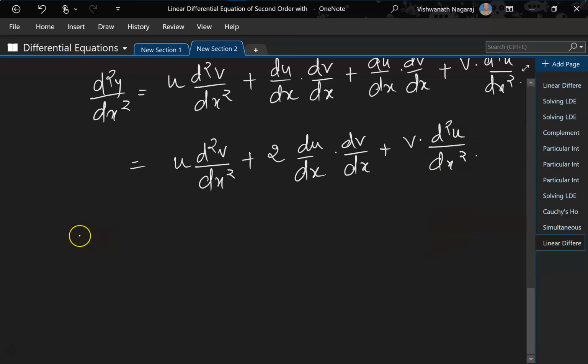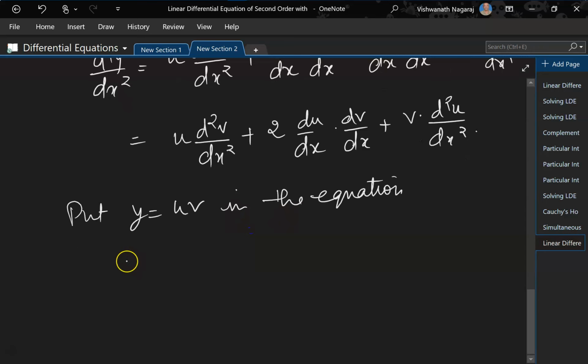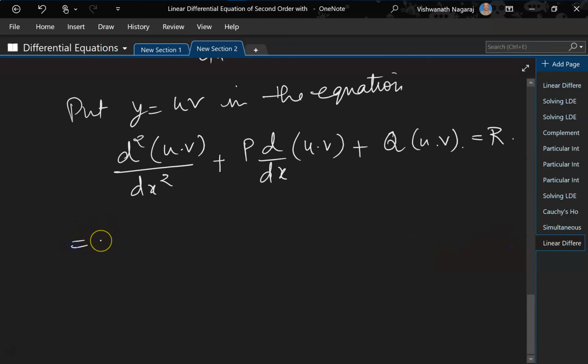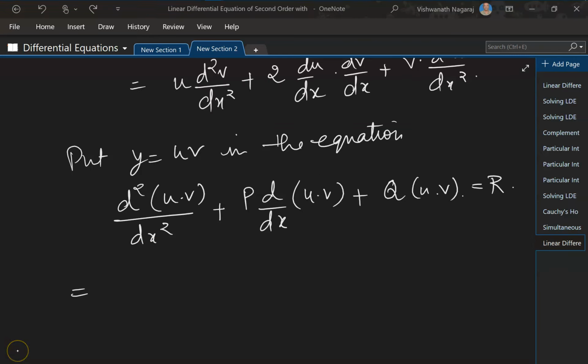Now let's put y is equal to uv in our original equation. So d square uv by dx square plus p d by dx of uv plus q uv equal to r. Okay, now let's do the necessary substitutions, because we have already evaluated these terms. Yes.